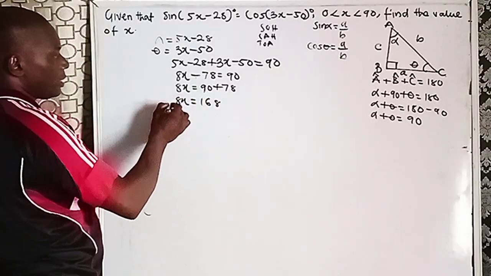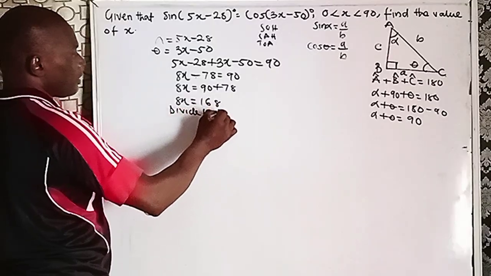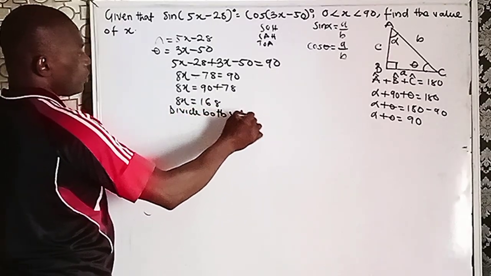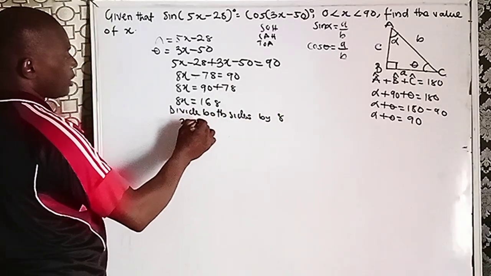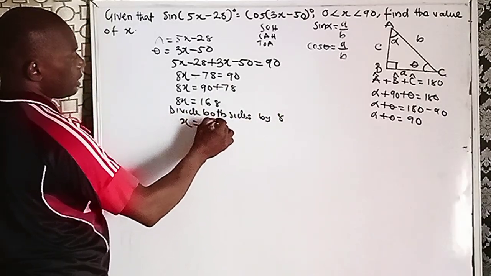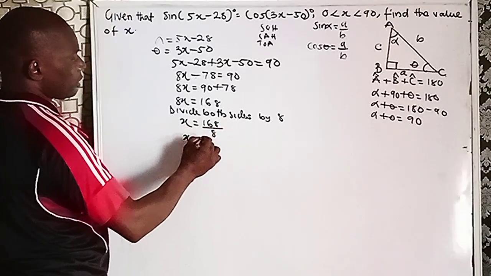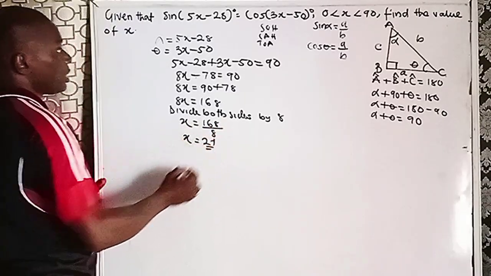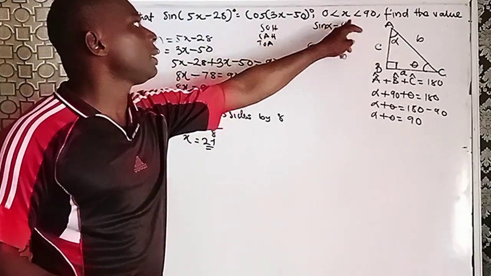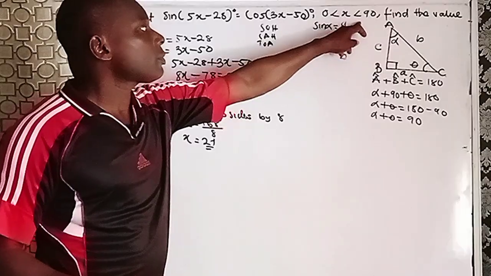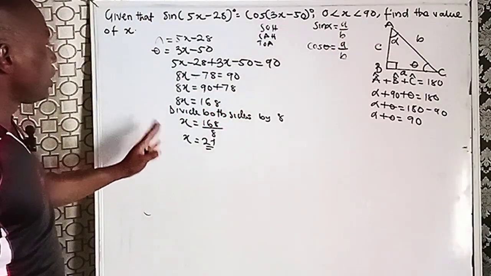To obtain the value of x, divide both sides by 8. So x gives 21, which satisfies the equation, because the range says x lies between 0 and 90 degrees. So this is how to do this.